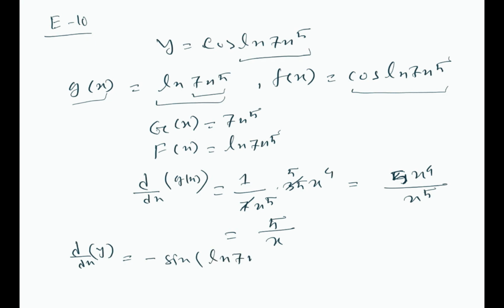This is the derivative of the outer function leaving the inside function as it is, and the derivative of the inner function, g of x, we have taken already, which is 5 over x. So our final answer would be negative 5 over x, then sine of ln of 7x to the power 5. This is our final answer for this question.